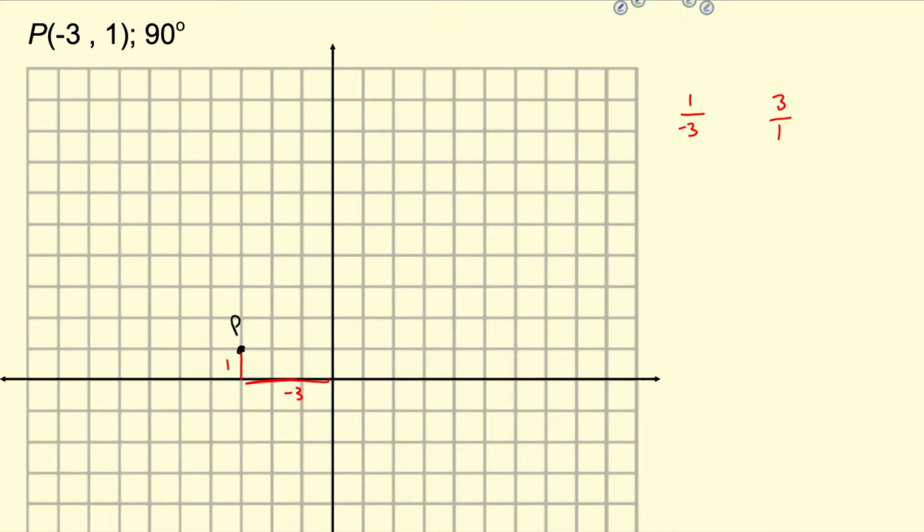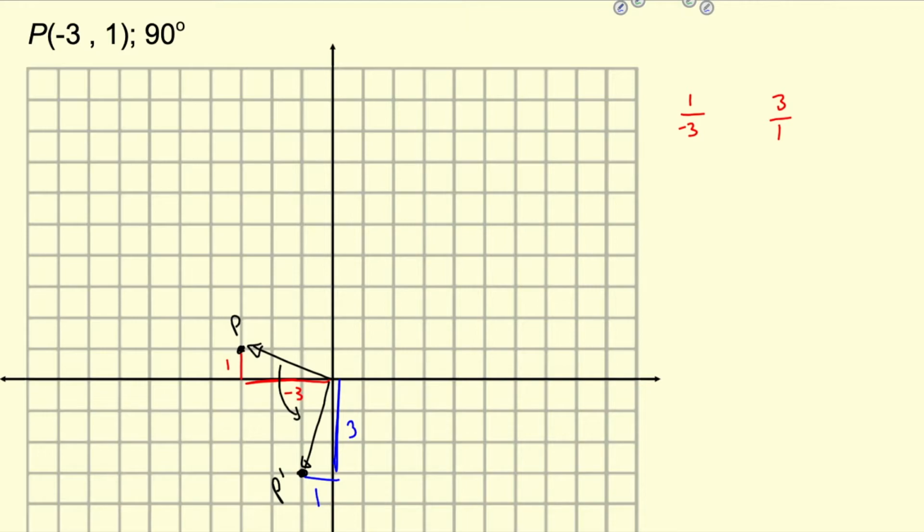I go up 3 and over 1, and there's the new point for P prime. So my 90-degree rotation is taking the point P and rotating it to P prime, 90 degrees counterclockwise.